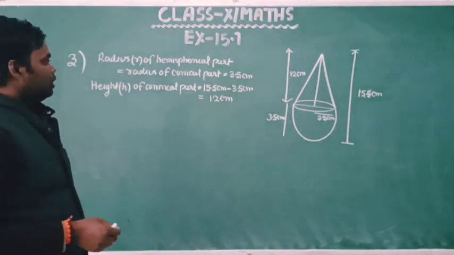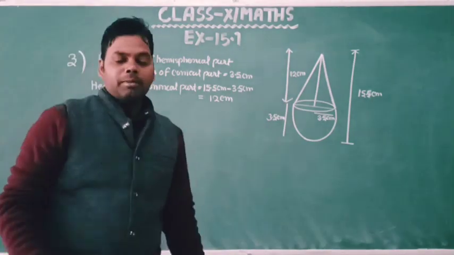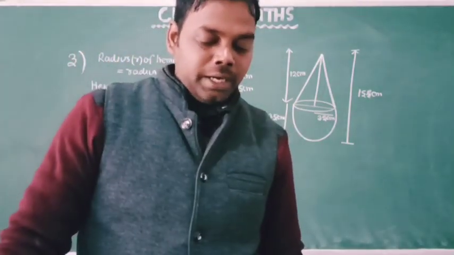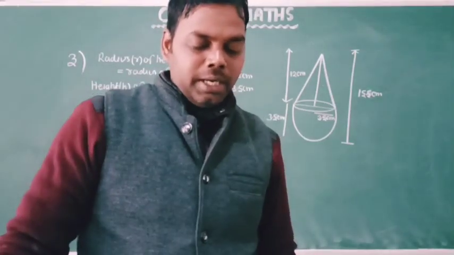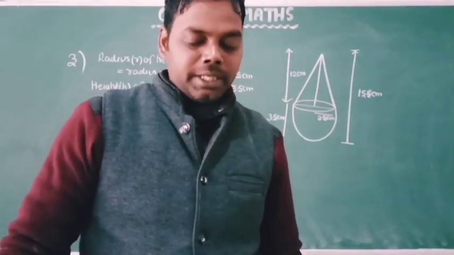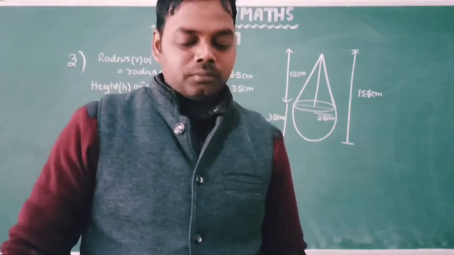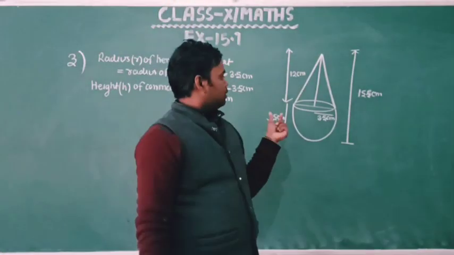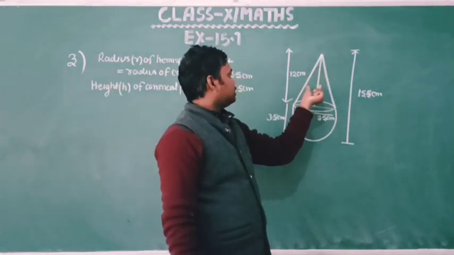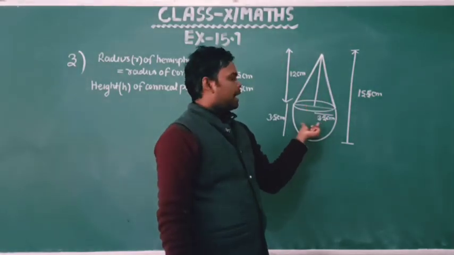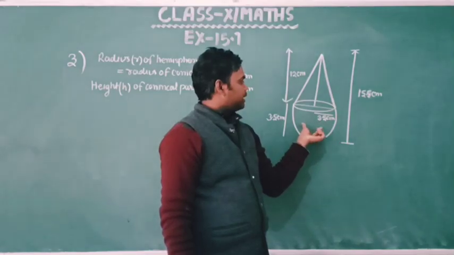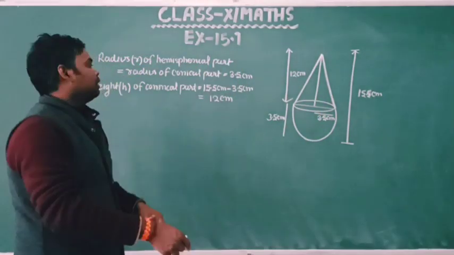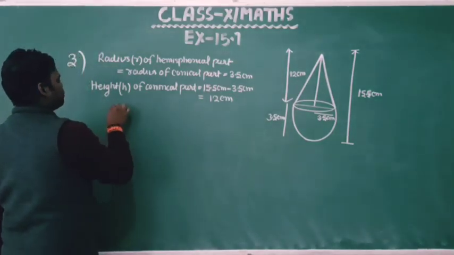So we have written all the information given in the picture, and finally we need to find the total surface area of the toy. To find it, we combine the surface area of the hemispherical part plus the conical part. Here l is not given, so first calculate l.